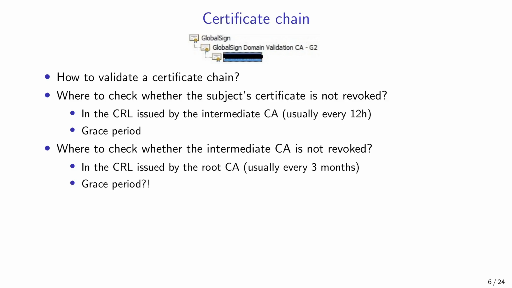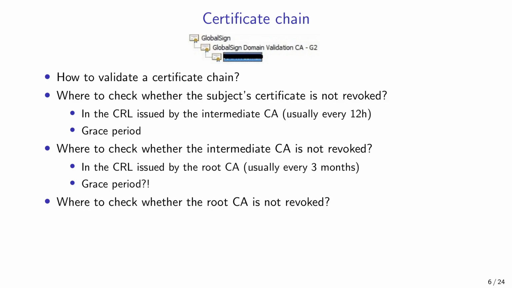Now, what is a grace period here? Will we wait for 3 months to figure out if the intermediate CA is not revoked? Probably not. Therefore, in practice, the validity status of intermediate CAs is not checked. It is presumed that the certificate is valid.